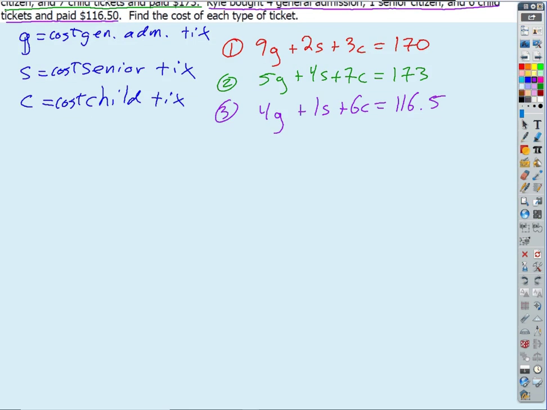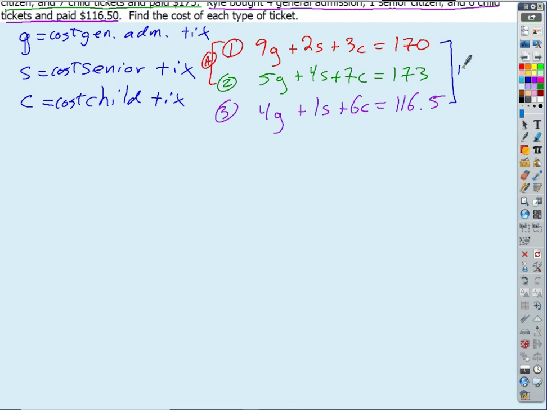So there's our setup. Now, we said these two would be group A. And didn't we say these two were going to be group B? Oh, might as well do these two, huh? That'd be even easier. Right? That'd be good.